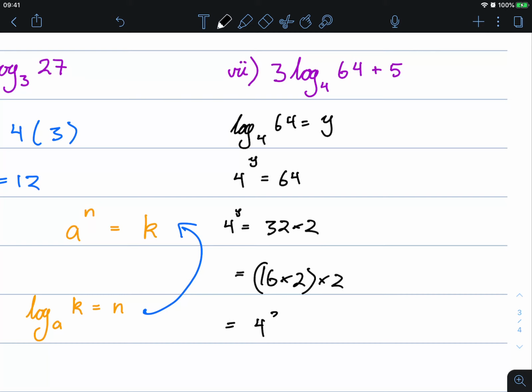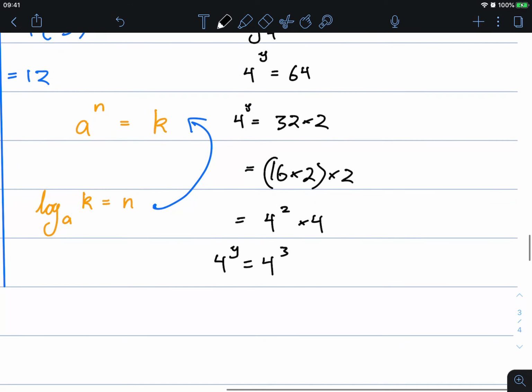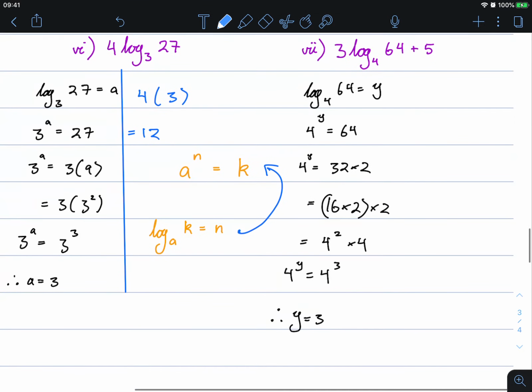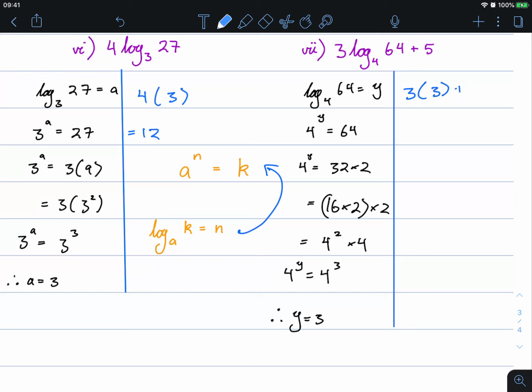Which is 4 squared times 4, which equals to 4 cubed. And so by observation, we can say, therefore, y is equal to 3. And then now substituting 3 back into here, this will give me 3 times 3 plus 5. That's 9. That's 9 plus 5 equals 14.